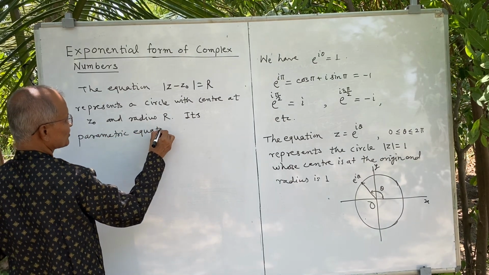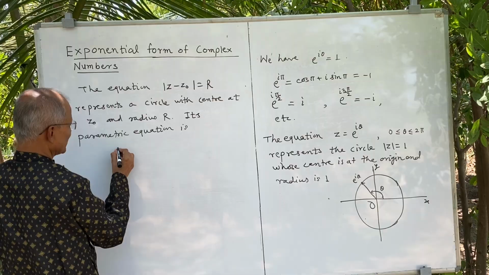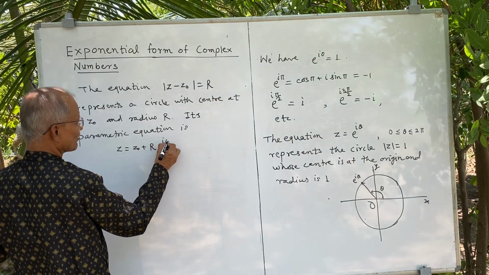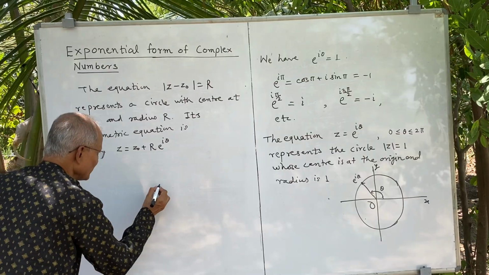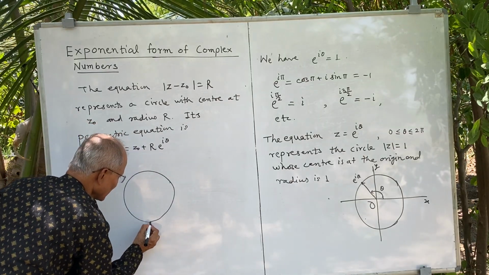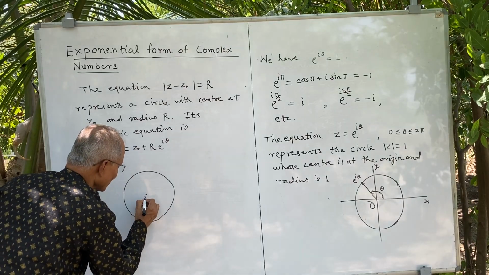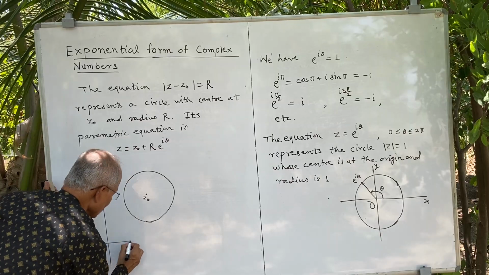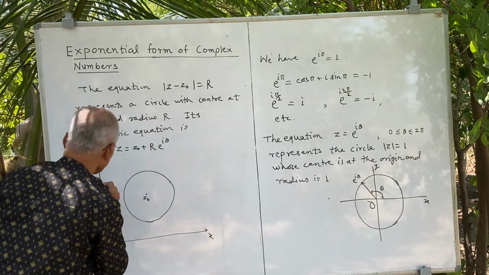or equation in exponential form is, z is equal to z naught plus r into e power i theta, and that will be this circle whose center is at z naught and radius is r.